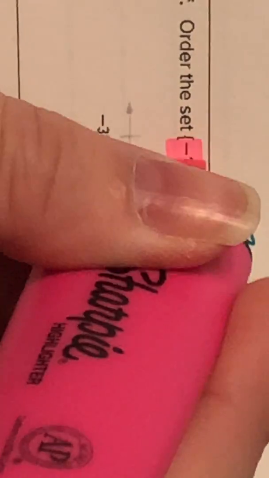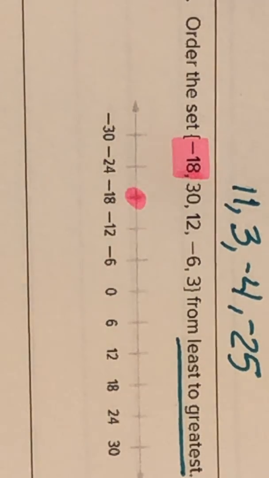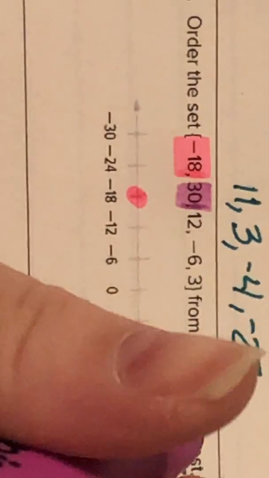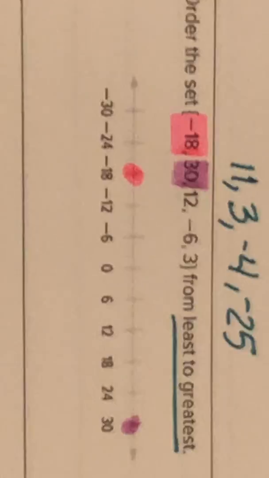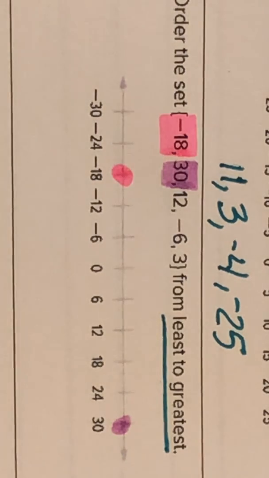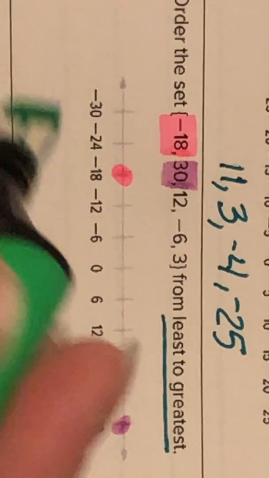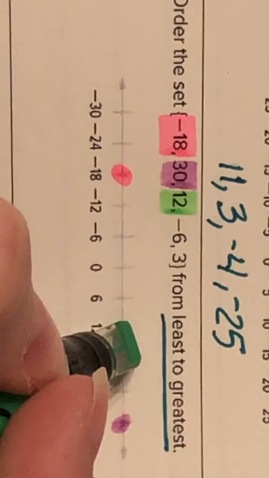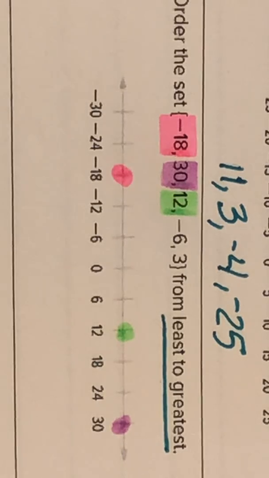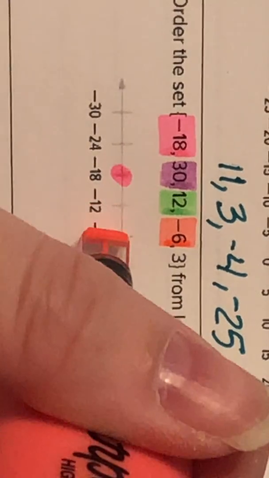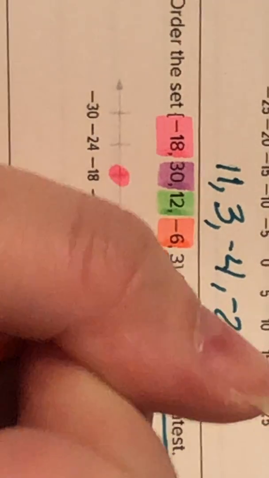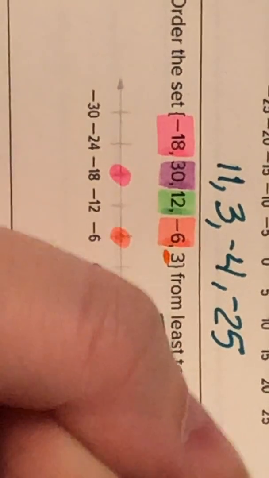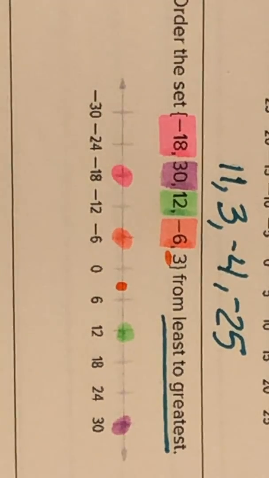Okay, I have negative 18, which is right there. 30, which is down here. 12, negative 6, and then 3. Okay. So there's all my numbers.